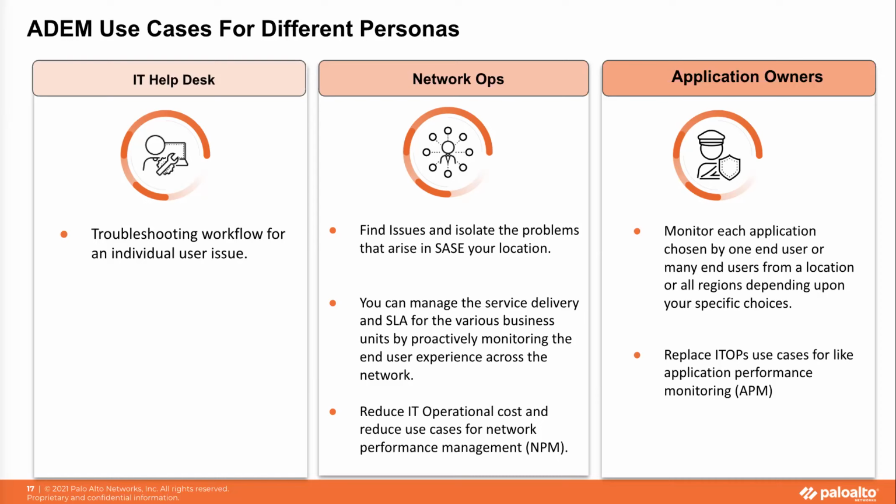You can manage the service delivery and the SLA for the various business units by proactively monitoring the end user experience across the network. This will result in reducing IT operational costs and use cases for network performance management.